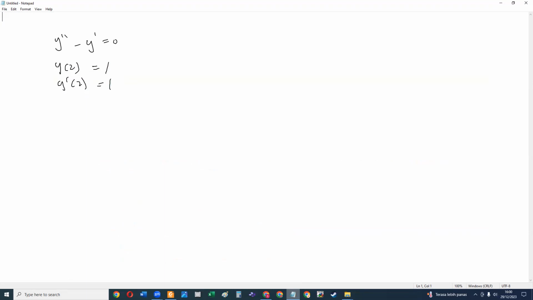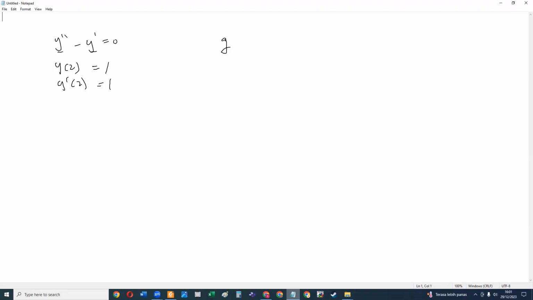Now to solve this, take a look that this doesn't have any original y, only the first and second derivatives. So we can simplify this by making the first derivative another function. Let's call this function g, for example.